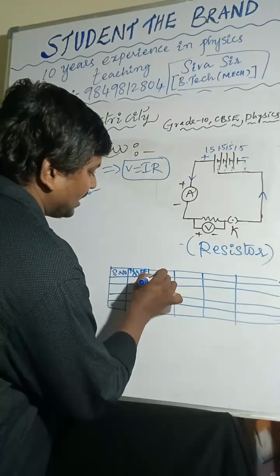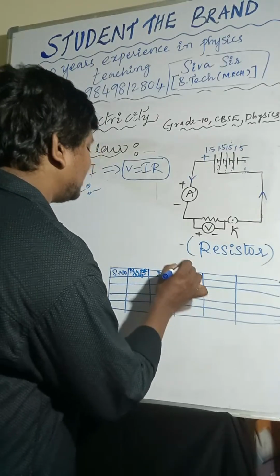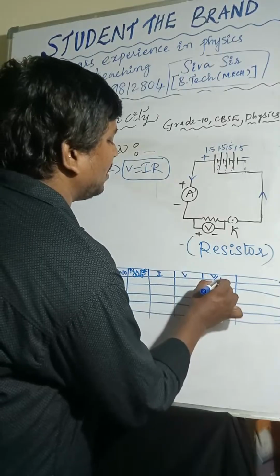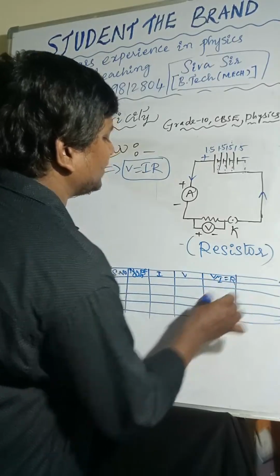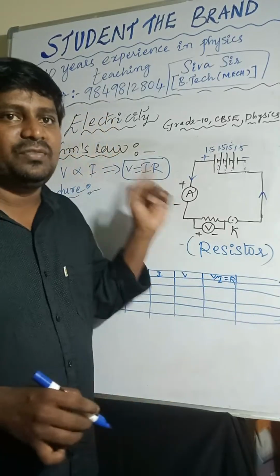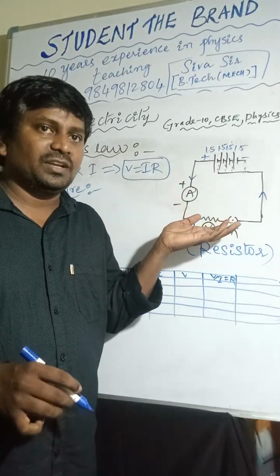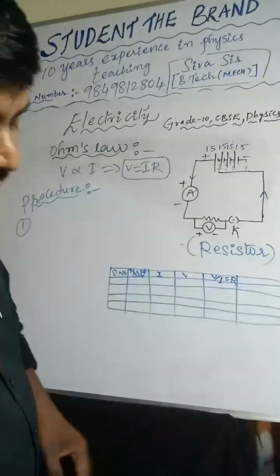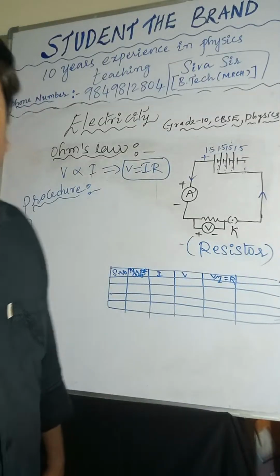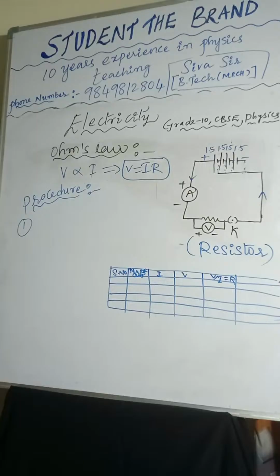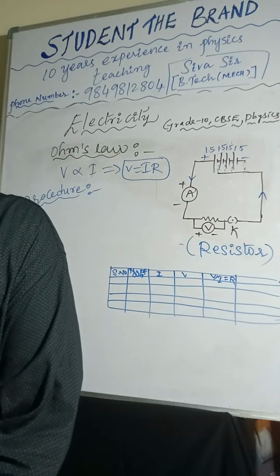After that, ammeter reading, voltmeter reading, V by I, that is equal to R. So Ohm's law gives the definition of resistance.